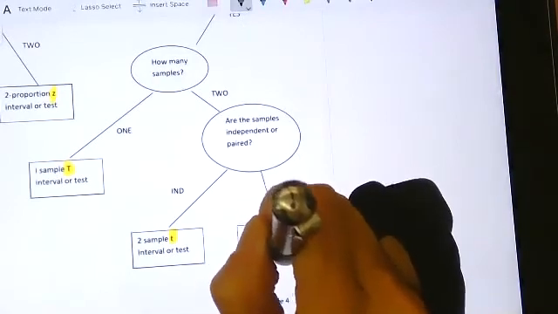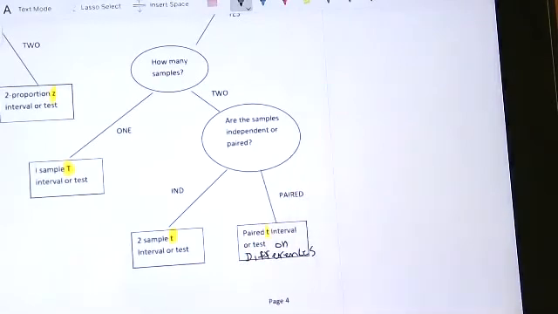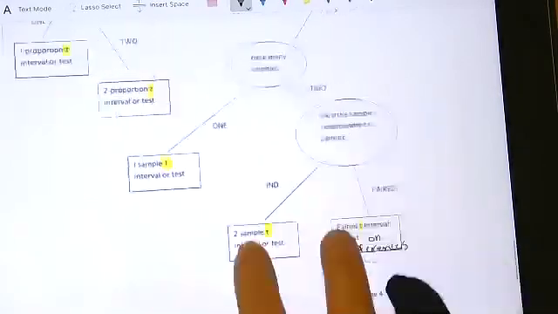So you actually subtract them all, and you're really doing a 1 sample T interval or test, just on the differences. So a paired T interval or test is a 1 sample T test or interval on the differences. In other words, you're taking 2 samples, combining them by subtracting into 1 sample, versus 2 completely independent samples.